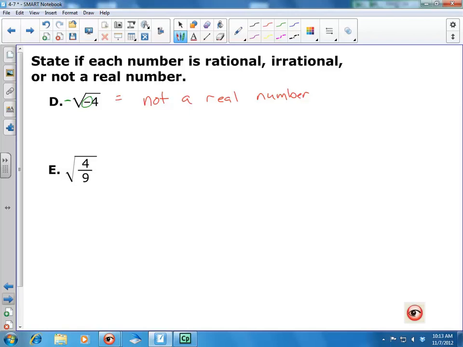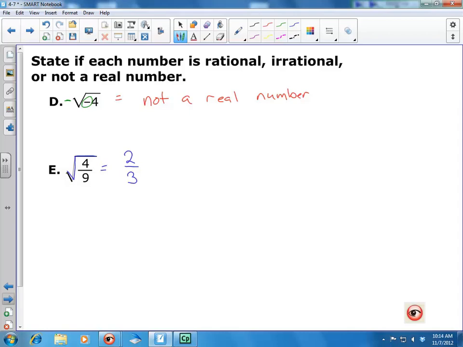Letter E. What is the square root of 4 ninths? What's the square root of 4? What's the square root of 9? 3. Okay, so what are all the names that are going to apply to this one?